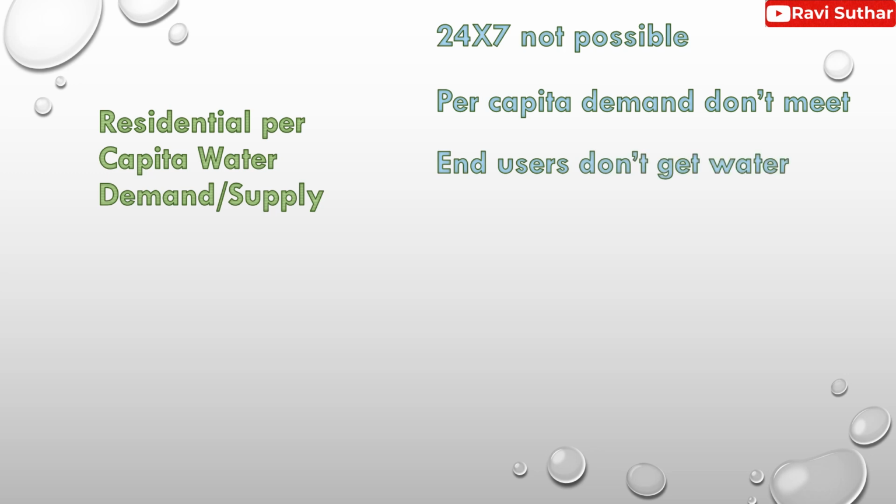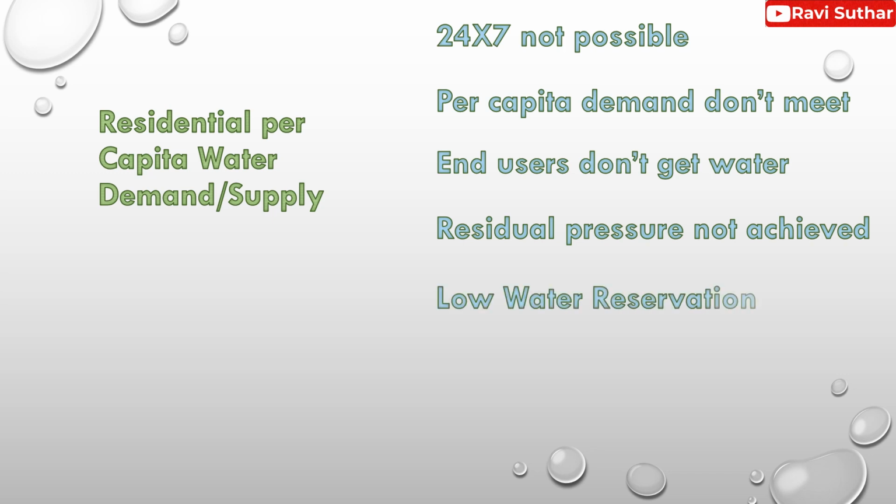End users don't get water because most of the water will be taken by the users which are near to the source of water or the storage area. Residual pressure cannot be achieved because when more water is drawn from the water supply, the friction losses will be more and the pressure will reduce at the nodes or junctions.